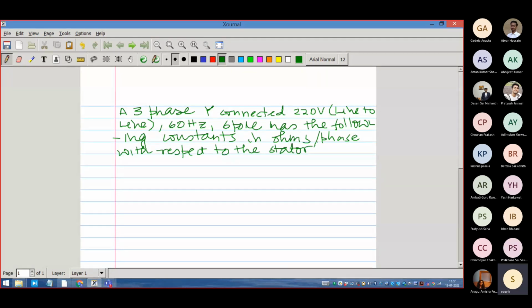R1, the stator resistance, is equal to 0.294. R2 is equal to 0.144.